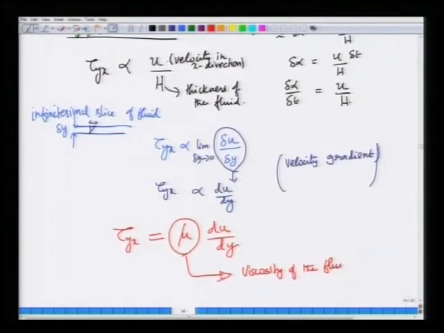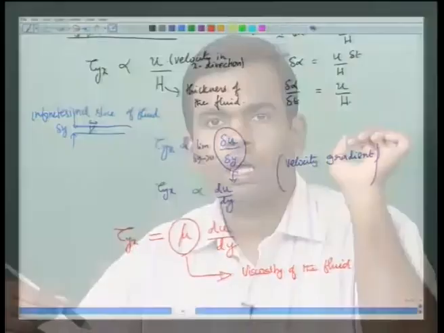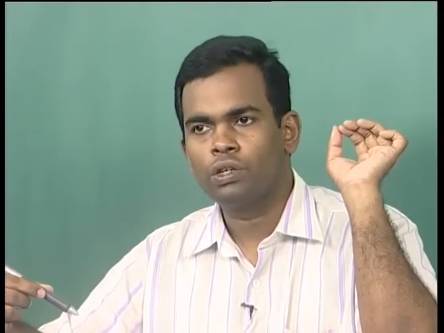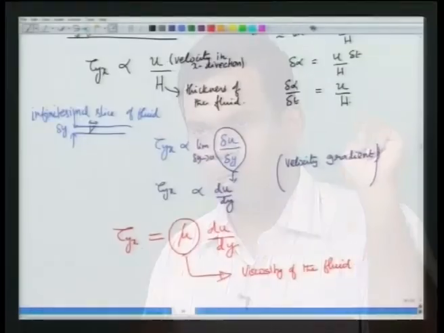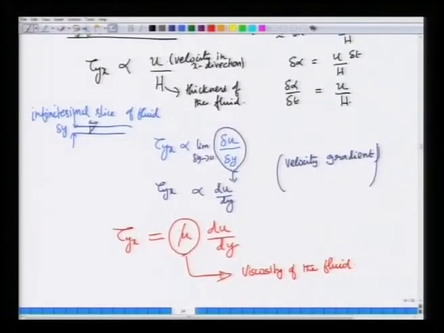In a fluid the stress is not proportional to deformation, it is proportional to the rate of deformation, and through this simple geometric argument we have shown that the rate of deformation is equal to the velocity gradient. Therefore, tau yx, which is proportional to the velocity gradient, can be replaced by a constant mu, the viscosity of the fluid.